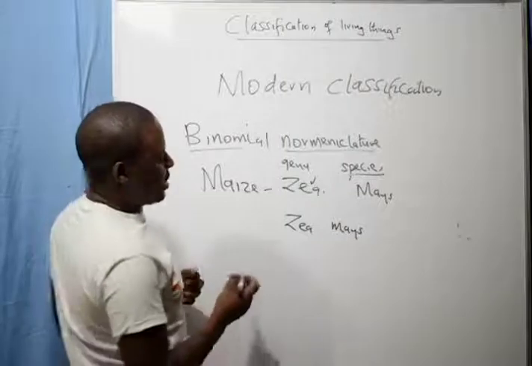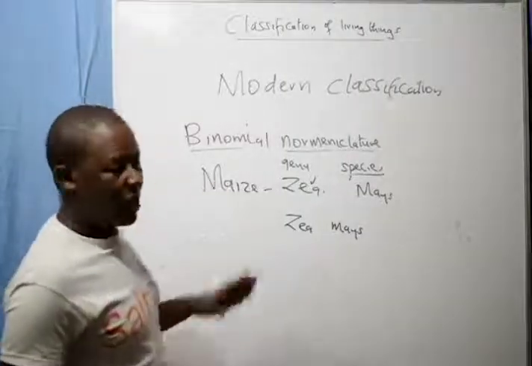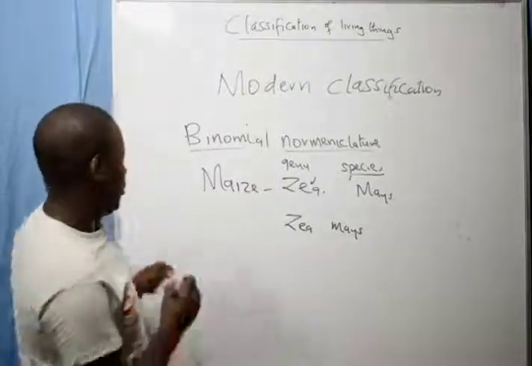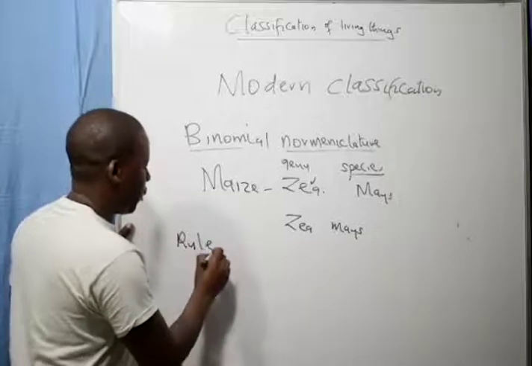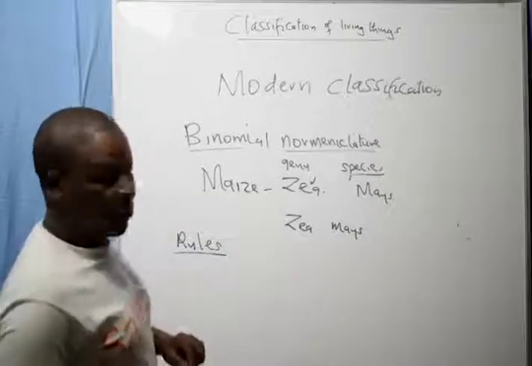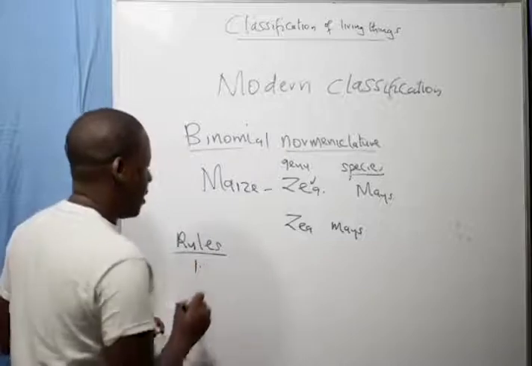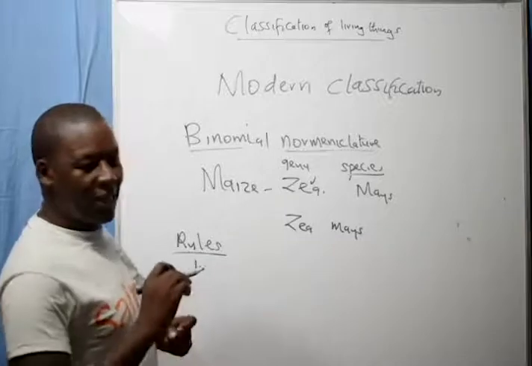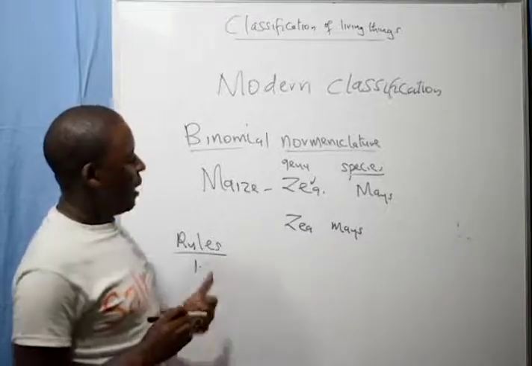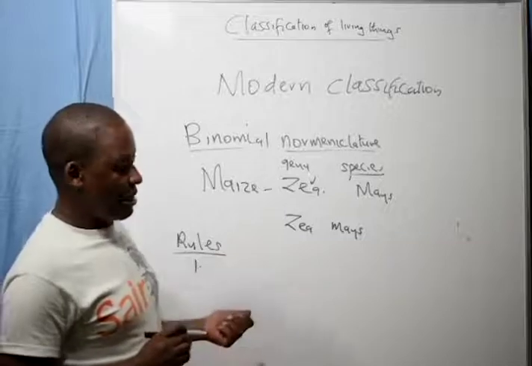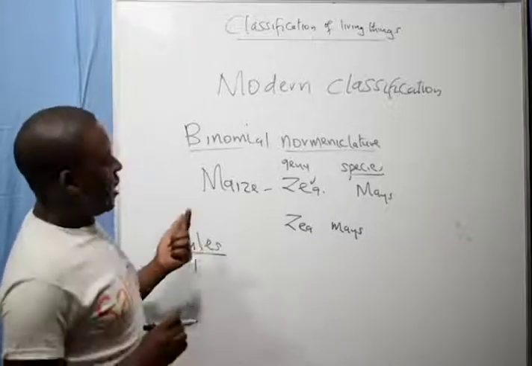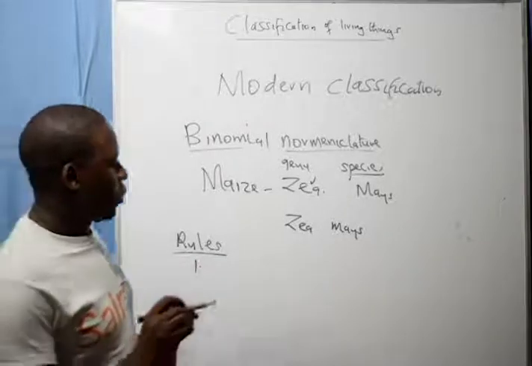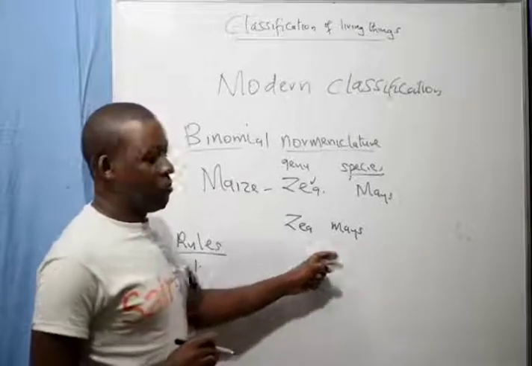Now, when you're writing scientific names under binomial nomenclature, there are rules to be followed. The rules you follow when writing scientific names are: 1, the scientific name must be underlined. When you're handwriting, the name must be underlined with broken lines. Number 2, the first name, the genus name, must be written with a capital letter, and the rest of the name is small letter.